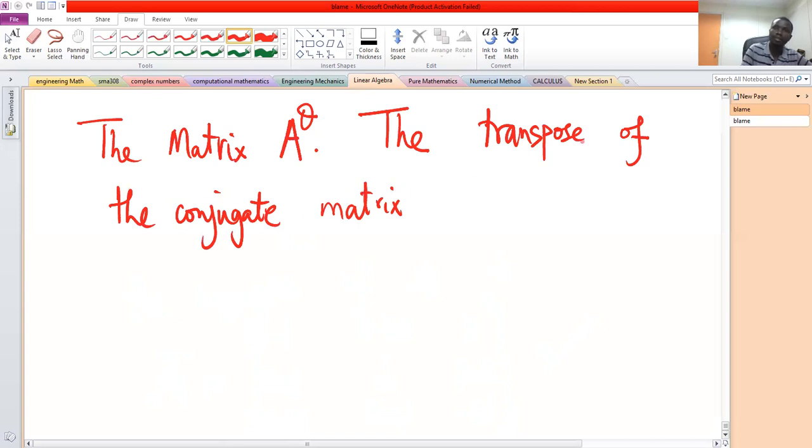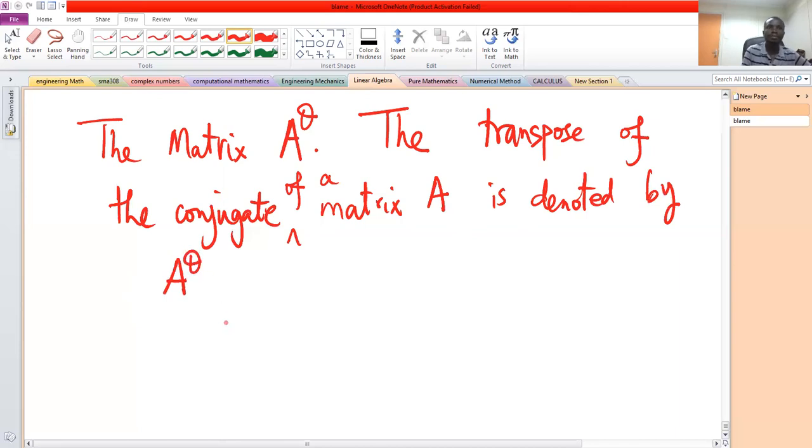The transpose of the conjugate of a matrix A is denoted by A raised to the power theta.